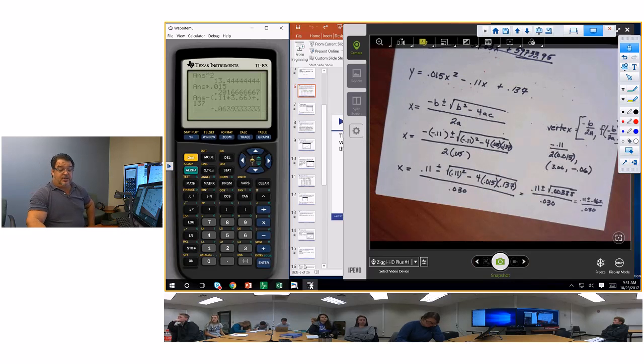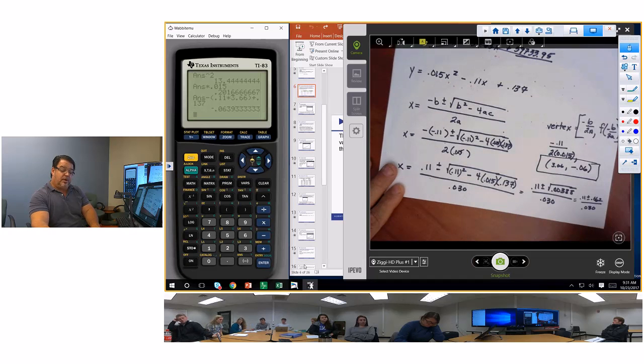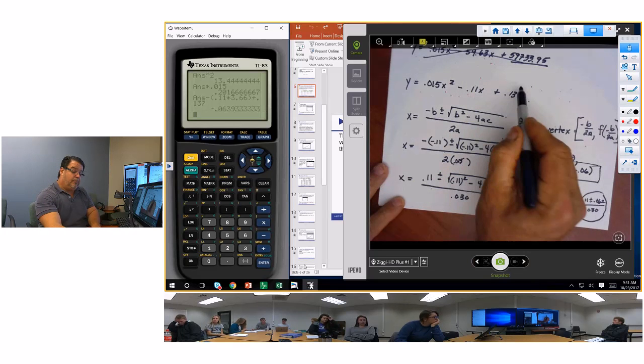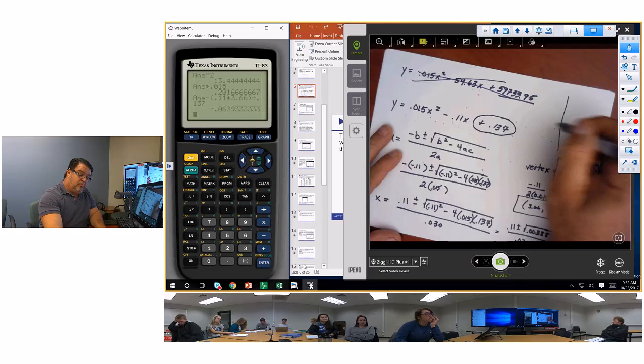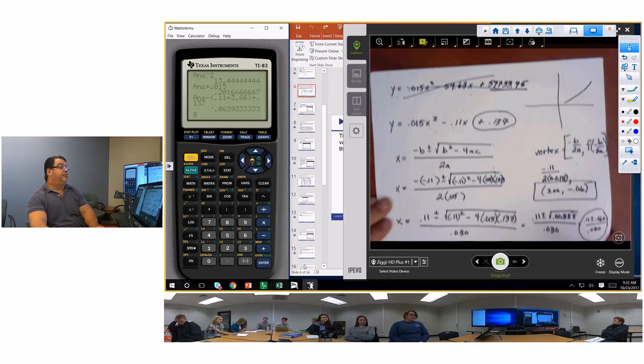So that's your vertex. That's your lowest point. That's your x-intercepts. And this is your y-intercept. So you know that the function is coming down something like this. All right, that's what you have.